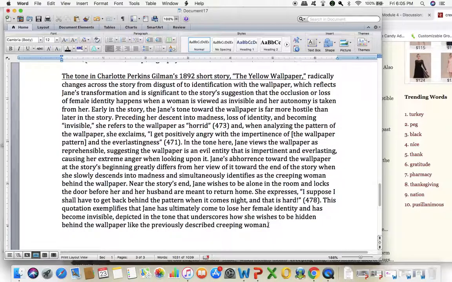The only summary I'm providing is the context that is needed before the quotations come. That's the only summary that happens. Providing contextual information needs to replace summary, and everything else outside of that needs to be analysis.